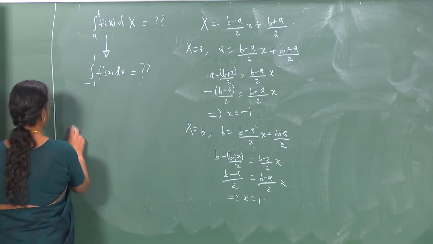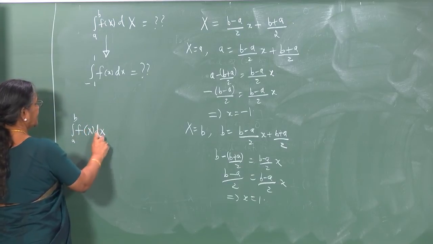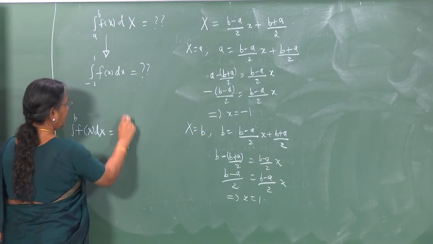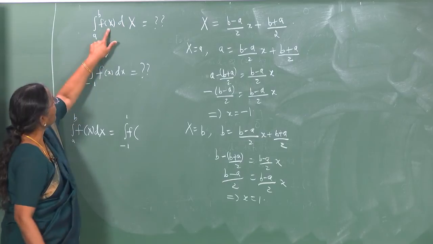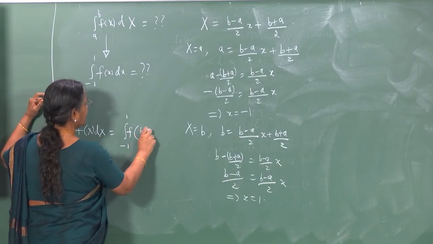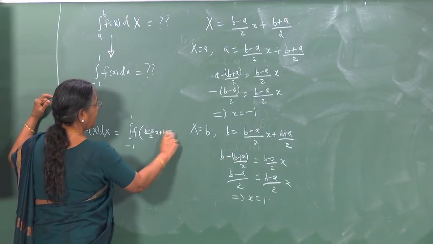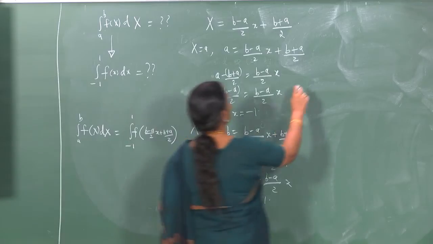this integral a to b f of x dx will be equal to, under this transformation, minus 1 to 1 f of, what is capital X? Capital X is b minus a by 2 into small x plus b plus a by 2. And what is d capital X?